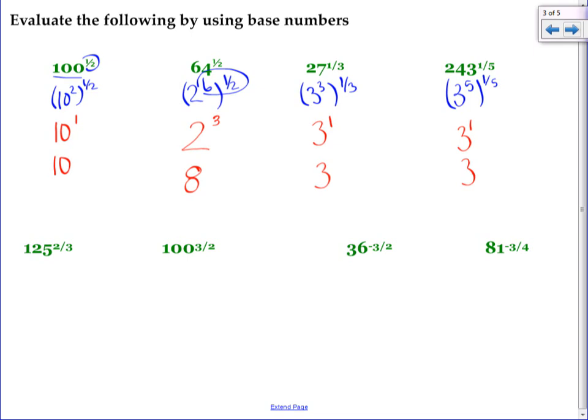All right, let's try these guys. We've got 125. What's the number there? Yep, 5 to the 3rd. We multiply these exponents, and we get what? We get 2. 5 squared is 25.